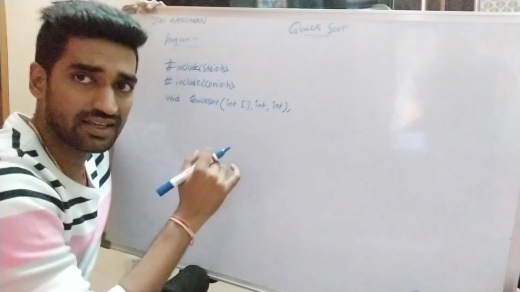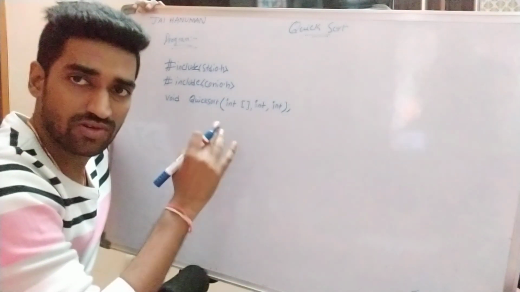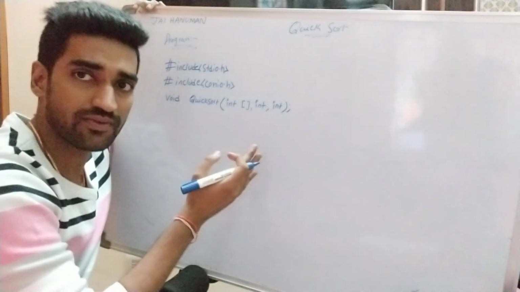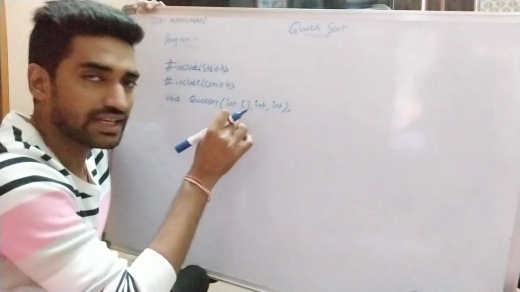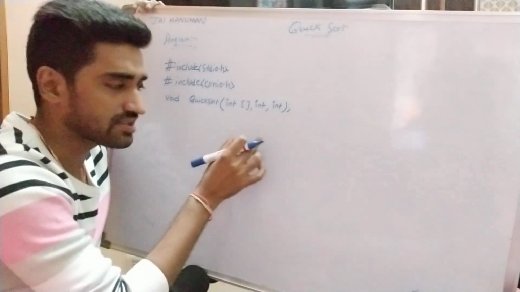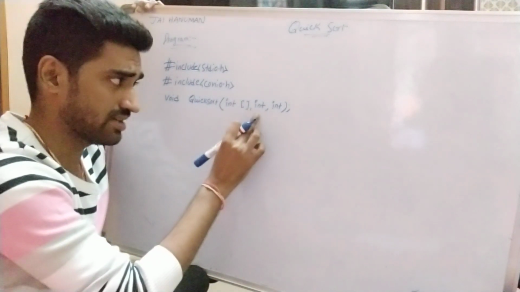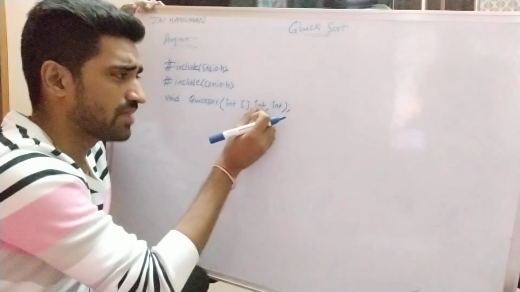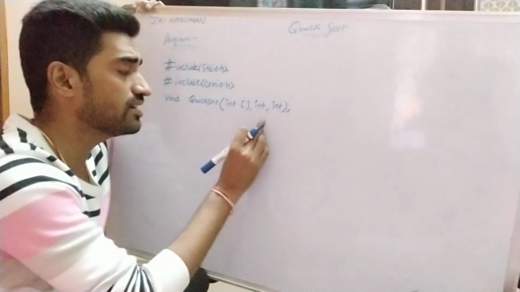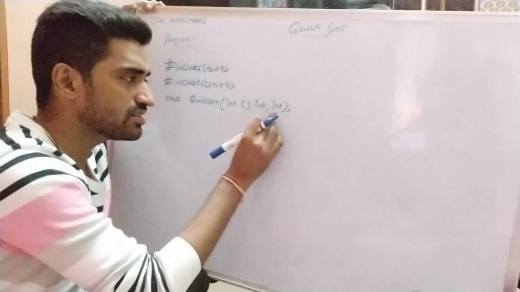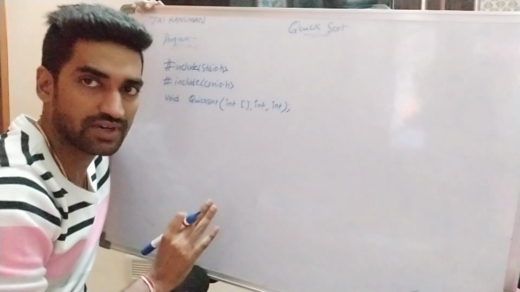In previous techniques, we were not dividing the array, so there was no need to specify the upper and lower boundary values. In quicksort, to solve any problem, the entire array is divided into several sub problems. So it is mandatory to specify the lower boundary value and upper boundary value, and these are the two arguments passed to the quicksort user defined function.